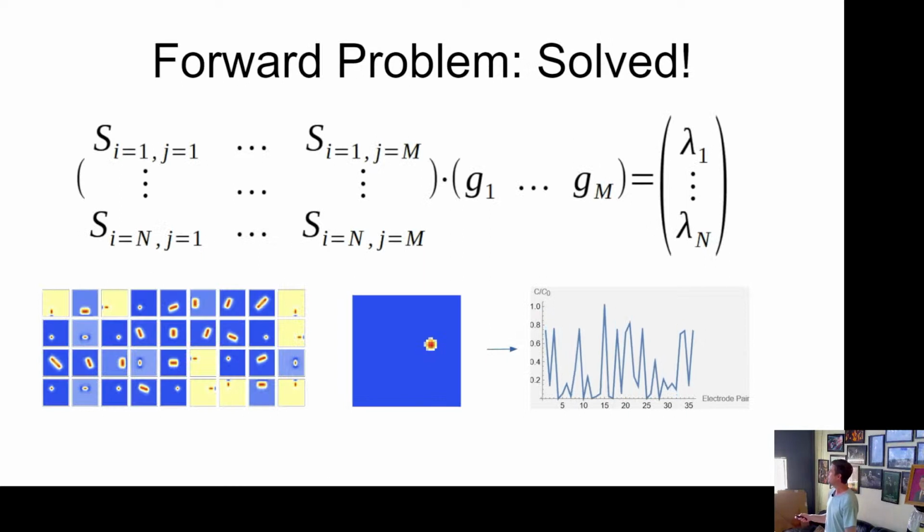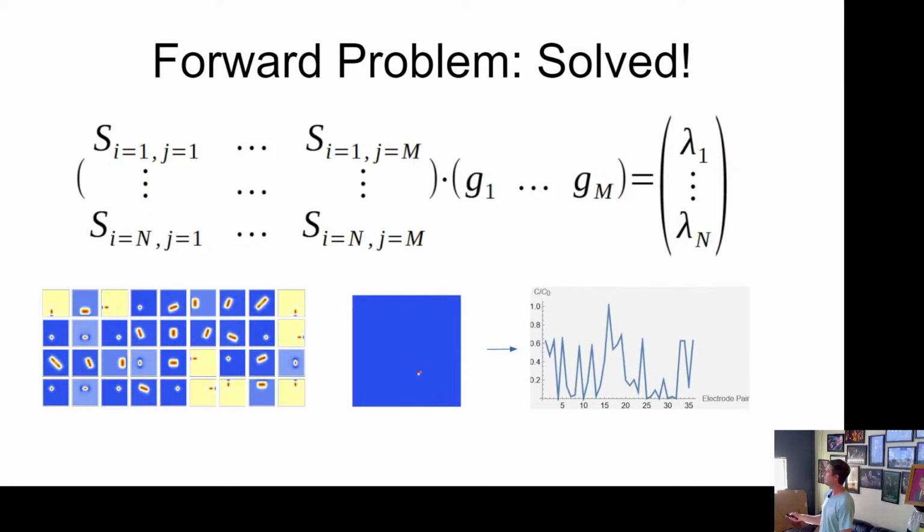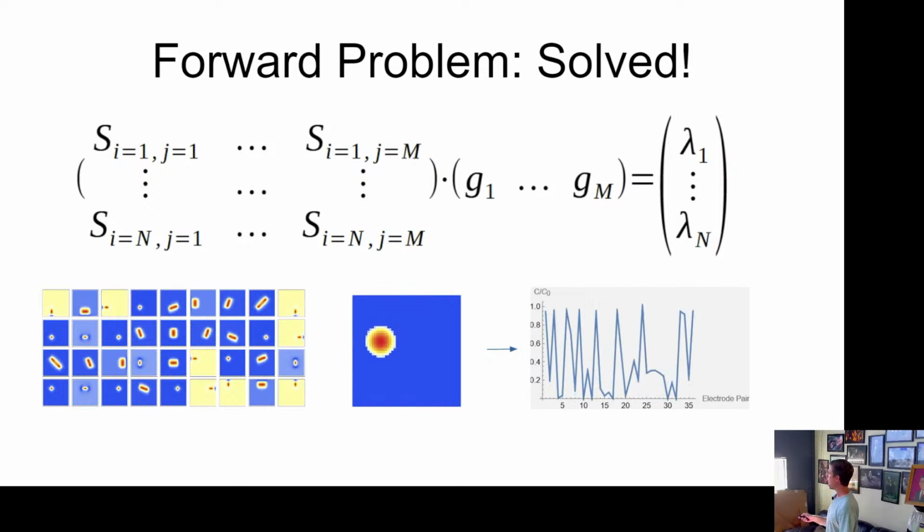So we've solved the forward problem. We've calculated all of these S matrix elements. We can then take that matrix, do the dot product between it and this phantom, and simulate the actual capacitance measurements that you'd see between the individual electrodes.